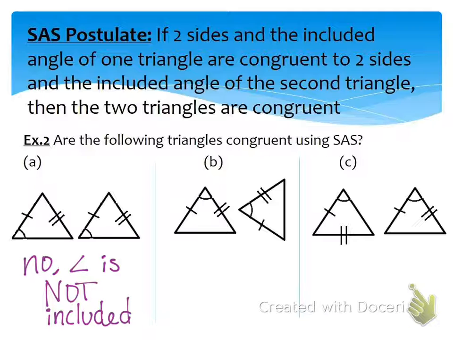All right, what about letter B? Yes, on this one we've got 2 pairs of congruent sides. And the included angle is congruent on both of them. So I would say yes, side angle side would work. What about letter C? Why not?